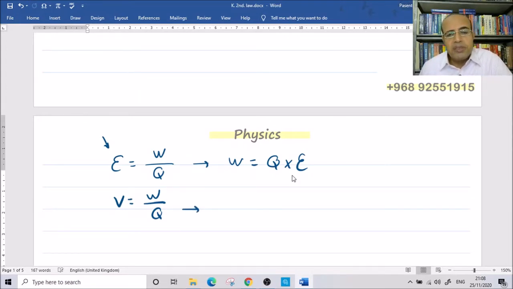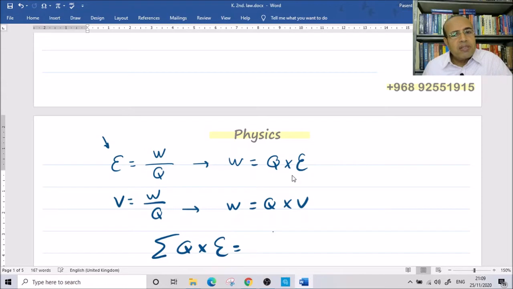From this equation, we can say W equals Q times V, because the circuit contains a source of energy, which is the cell or battery, and a consumer of energy, which is the resistor. So the sum of energy in equals the sum of energy out.